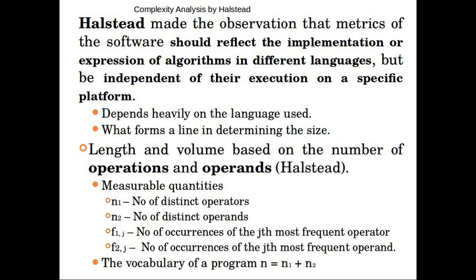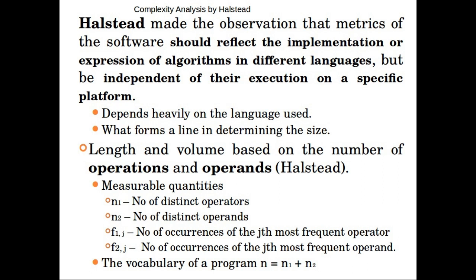In Halstead's measure, a module's connection with its environment is reflected in terms of operators and operands. So according to Halstead, length and volume are based on the number of operators and operands.